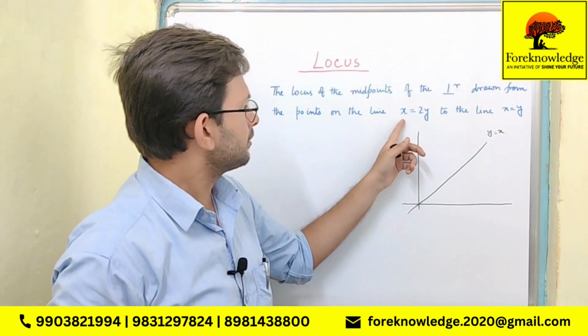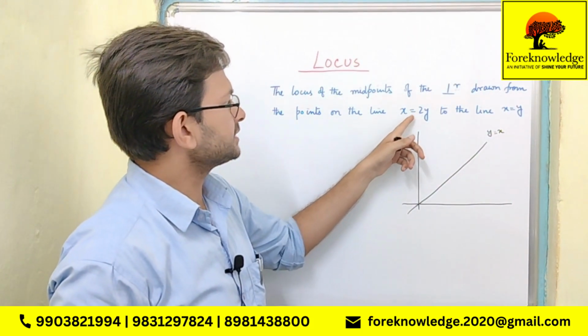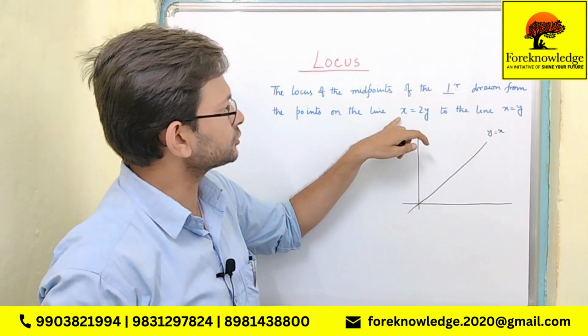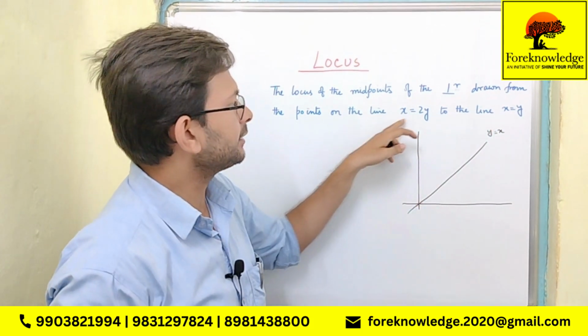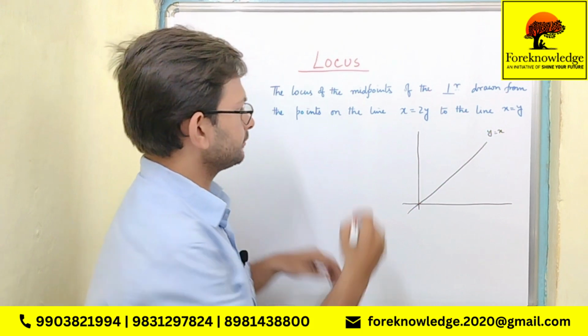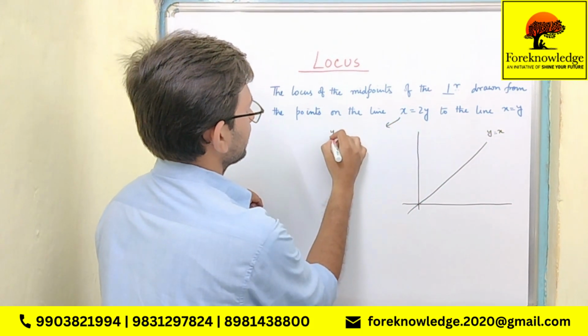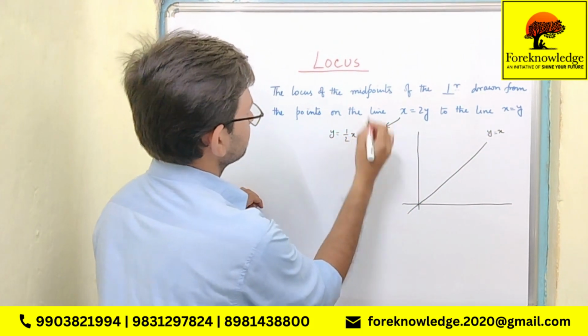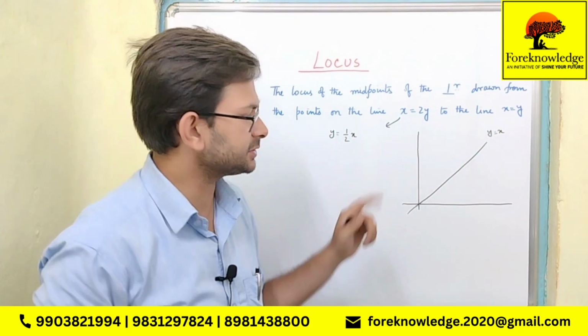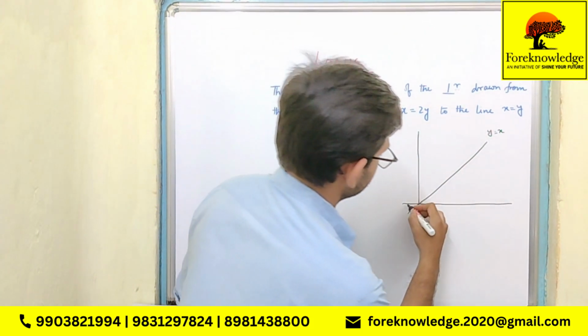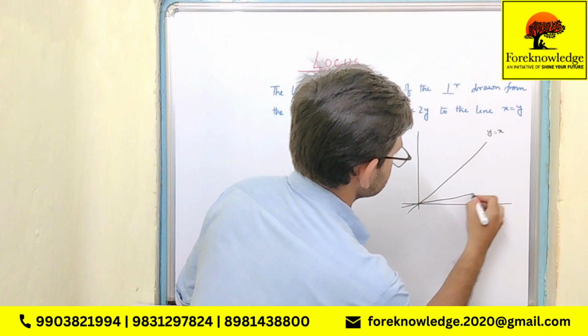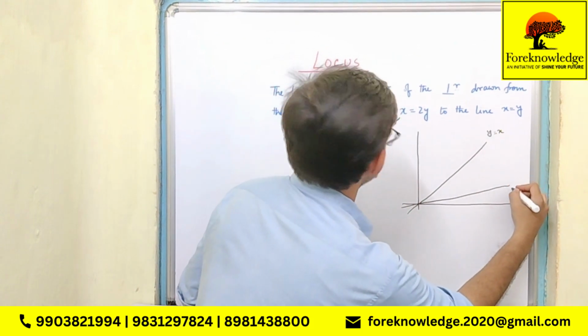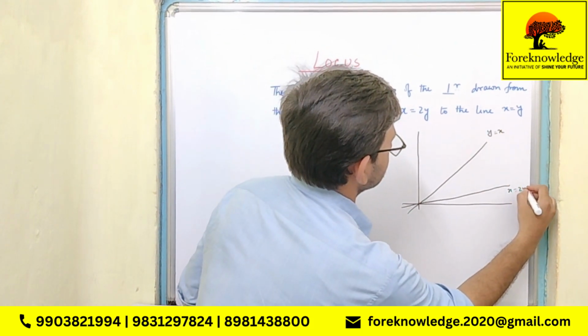And this line x equal to 2y, comparing with y equal to mx plus c, is y equal to half x. So m is half, that means the slope is less than 45 degrees.